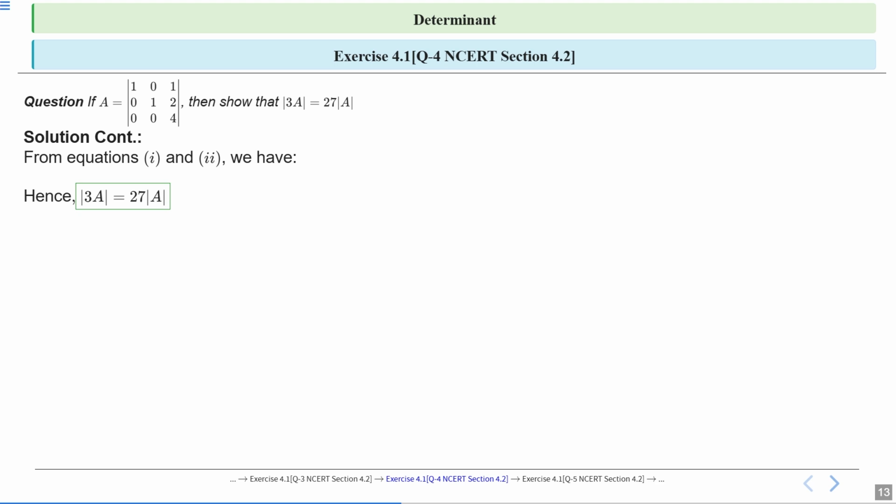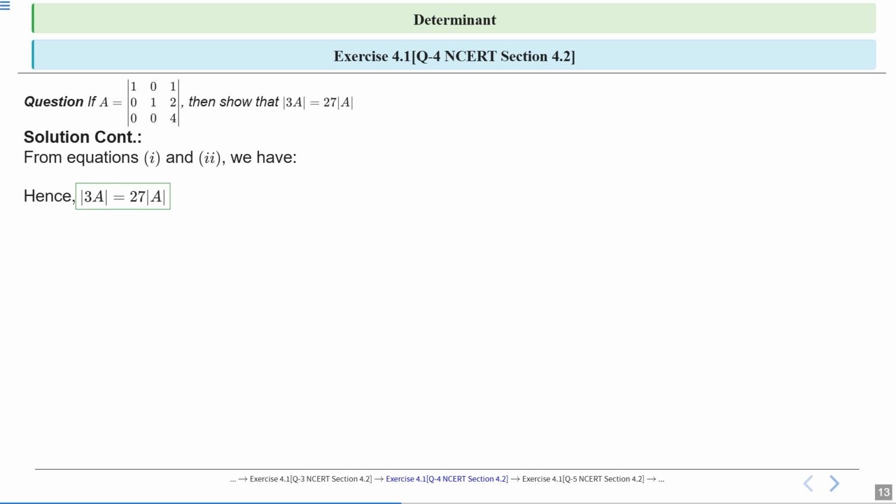If we observe question number 3 and question number 4, in general, the determinant of 3A is equal to 27 into determinant of A, and 27 is 3 to the power 3, where 3 is the order of the matrix. And in question number 3, determinant of 2A is 4 into determinant of A, that is, 2 to the power 2 into determinant of A, and here 2 is the order of that matrix.